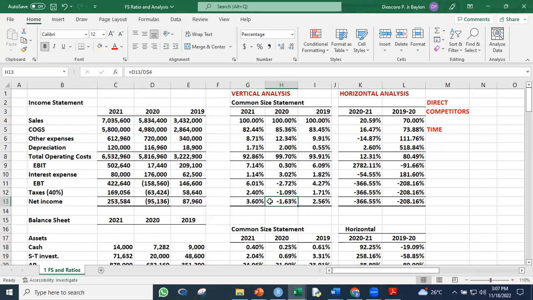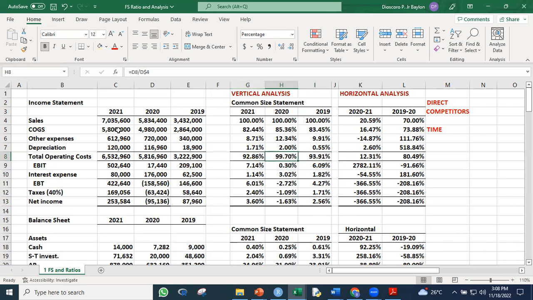So there was a net loss as far as 2020 is concerned compared to 2019, where for every 100 pesos of sales, the company was earning 2 pesos and 56 centavos. There was a big deterioration in terms of the net income over your sales. And that's attributable to here.